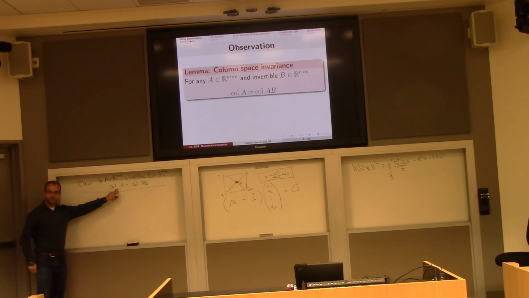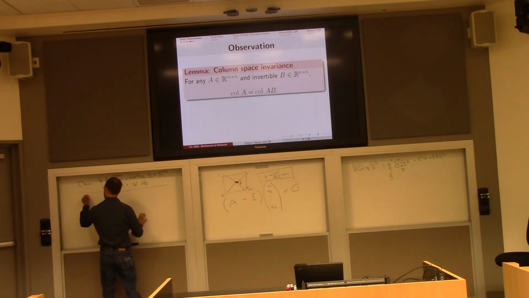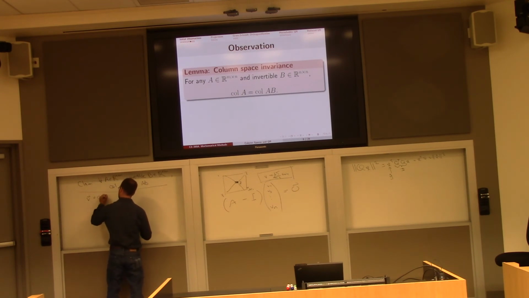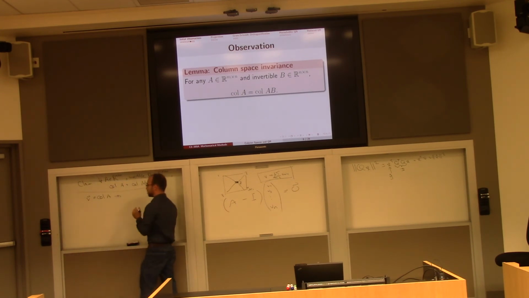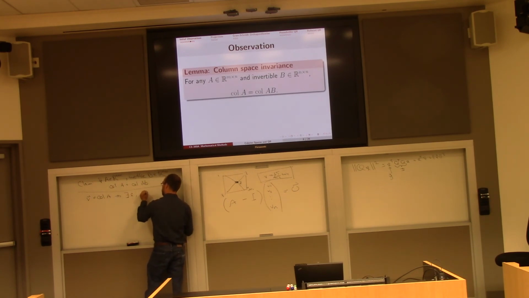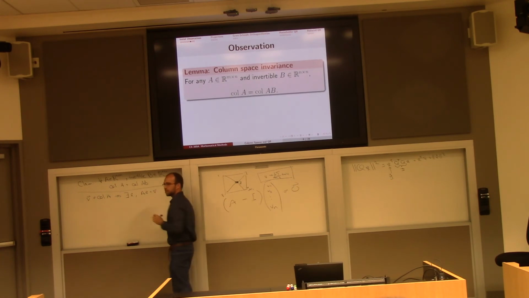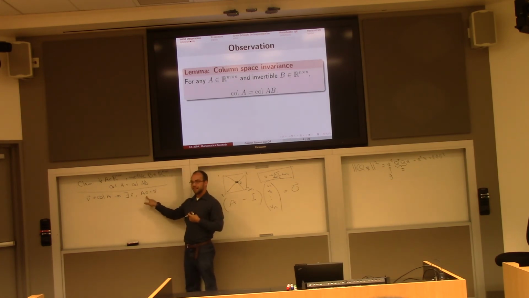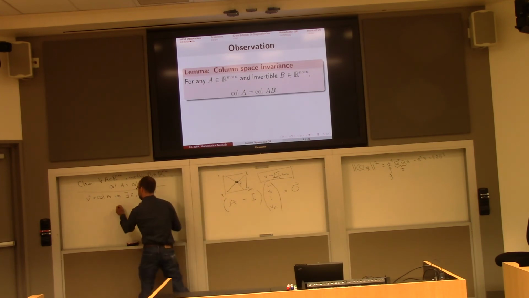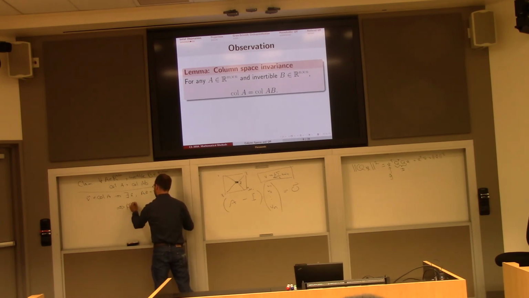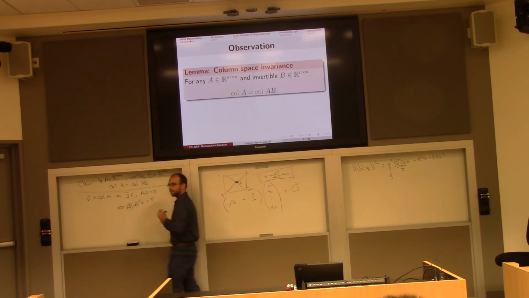So let's take any vector in the column space of A. Suppose v is in the column space of A. Well, by definition of matrix multiplication, that means that there exists some x so that Ax equals v. Because remember what matrix multiplication does? It just linearly combines the columns of A. Another way that I could write this would be A times B times B inverse x equals v.